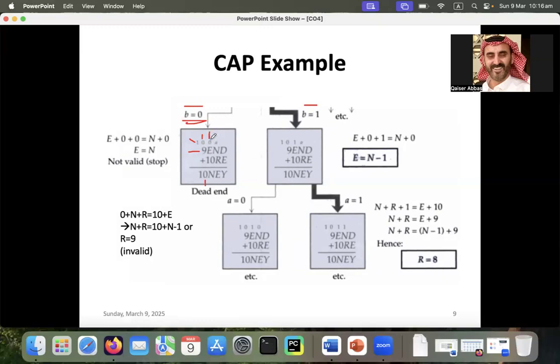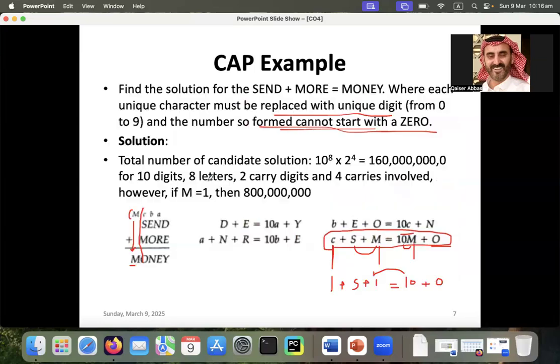And now what is the equation? The equation for this column was B plus E plus O is equal to 10C plus N. You can use this equation to find your answers quickly, otherwise you have to assume it.